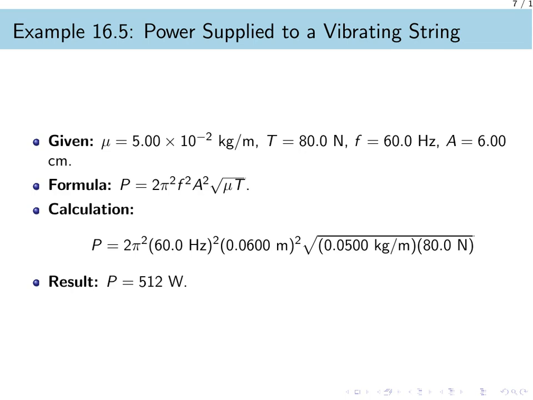We can use a derived formula where power equals 2 times pi squared times the square of the frequency times the square of the amplitude times the square root of the product of linear mass density and tension. By substituting our values, including converting the amplitude to meters, the calculation results in a power output of 512 watts.